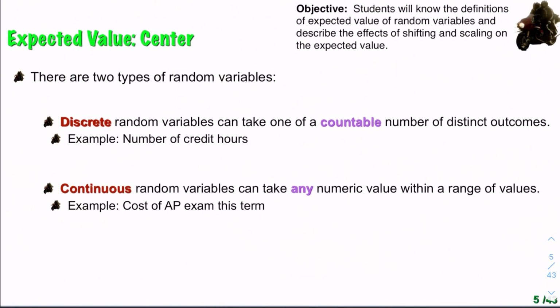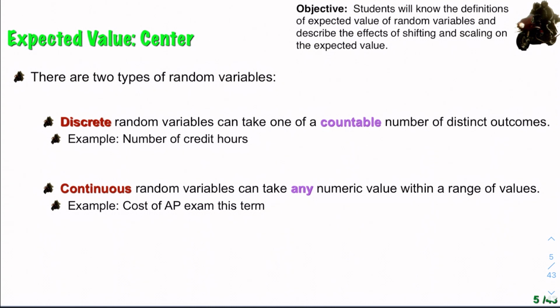So there are two types of random variables that we will be encountering for the rest of the year. One is discrete random variables, and discrete, the best way I can say is they are countable, or they can take on one of a countable number of distinct events. So think like credit hours or test scores on your last test, versus a continuous random variable, which can take on any numeric value within a range of values.